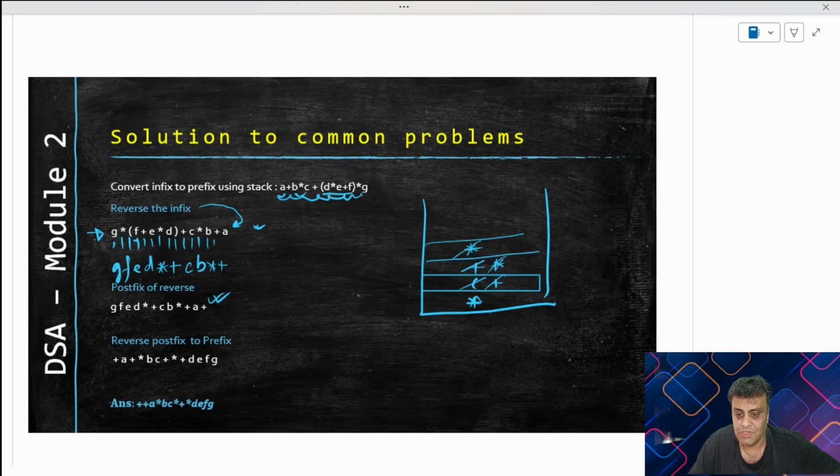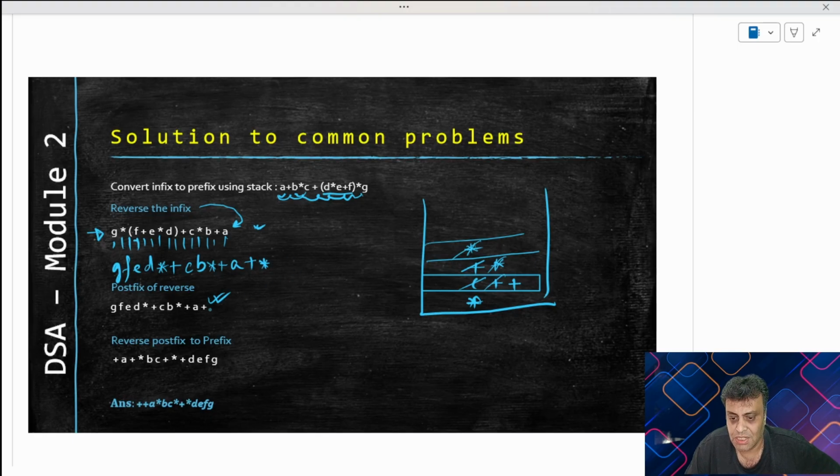So I can actually put my plus here. Then I have my A, this A comes here, and then because this string has ended, I will have to pop these out. I think this is wrong because we have 3 stars here.